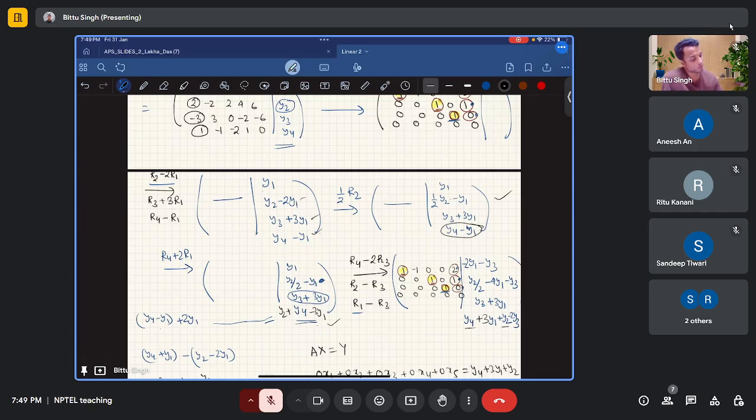R4 minus 2 R3. 2 times R3 means 2Y3, 6Y1. 2Y3, 6Y1 will be subtracted, minus 2Y3 minus 6Y1.